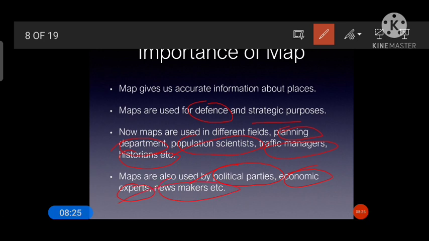So these are different fields where maps are used. Okay, so maps are important to us in various ways, as they give accurate information of a place. Maps are used by the defense personnel for planning their strategies. Maps are used in planning departments. Maps are used by population scientists. Maps are used by political parties, etc.